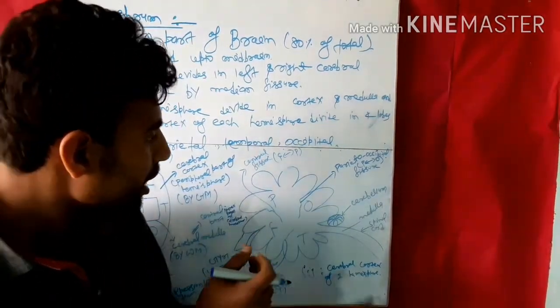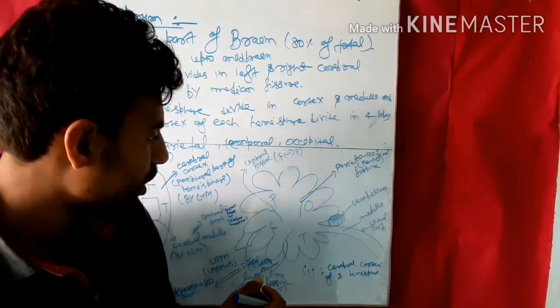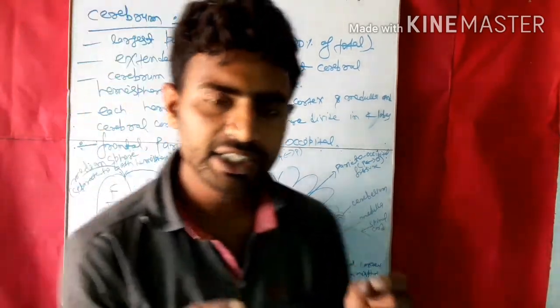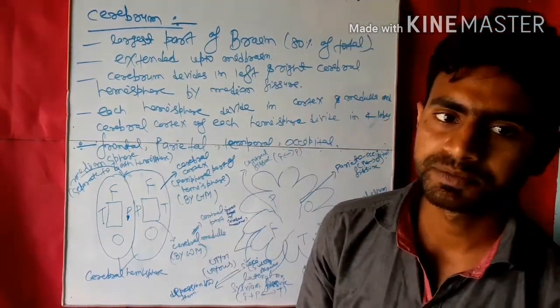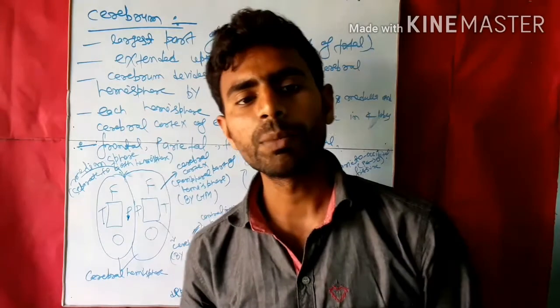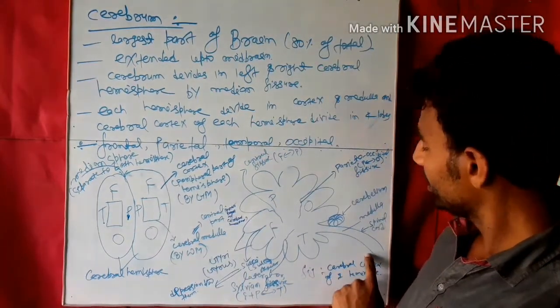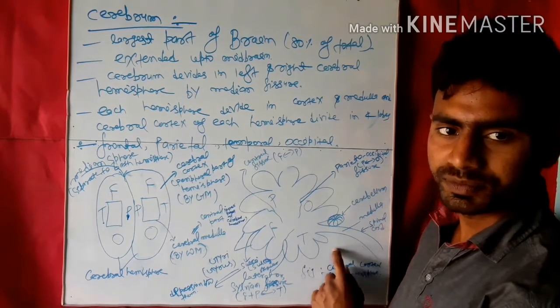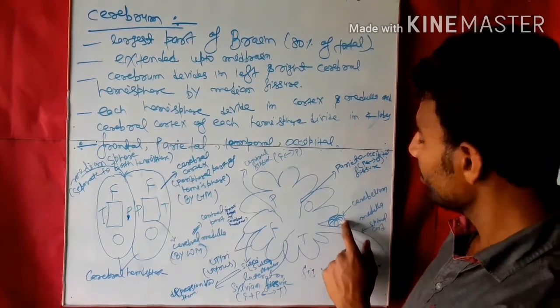Each hemisphere is divided into four parts: frontal, parietal, temporal, and occipital. This is the spinal cord, and this part is the medulla and cerebellum.